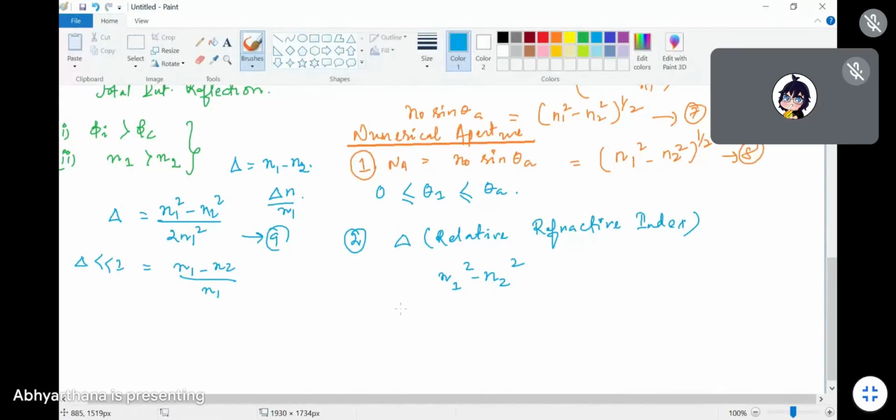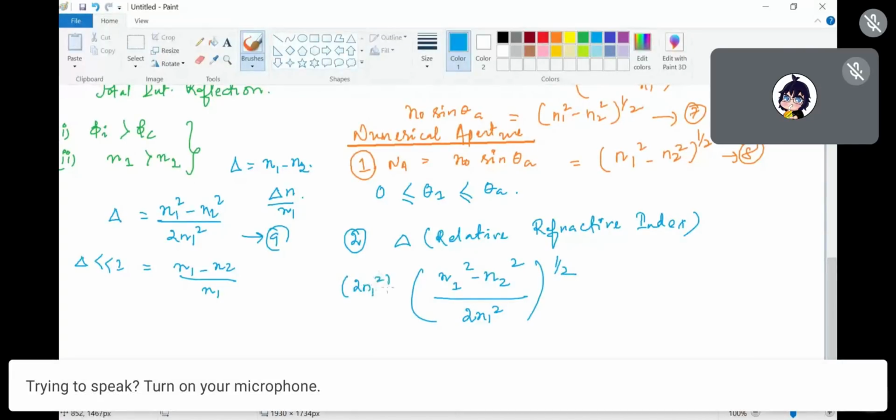Okay. Since we want this expression in terms of this expression, what I will do, I'll first divide and multiply by root over of 2 n1 square. And then multiply of 2 n1 square root over. So just multiply and divide both sides by 2 n1 square.